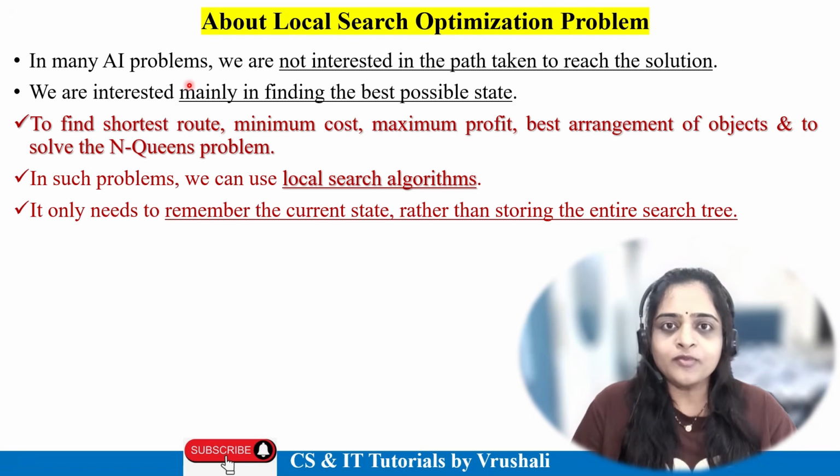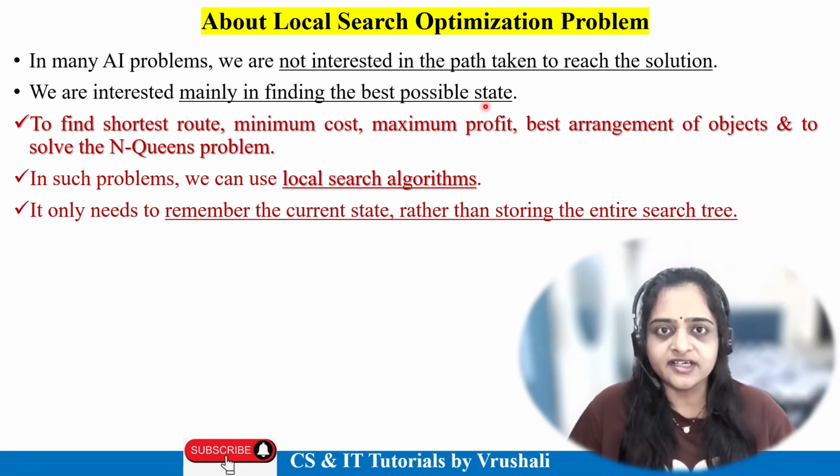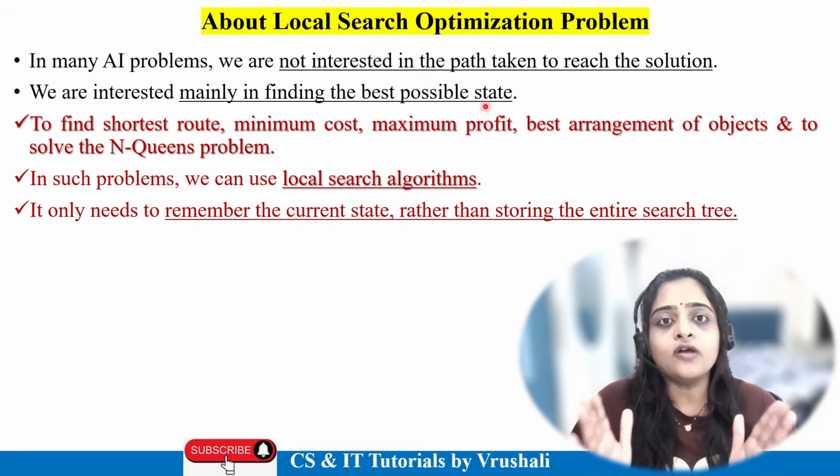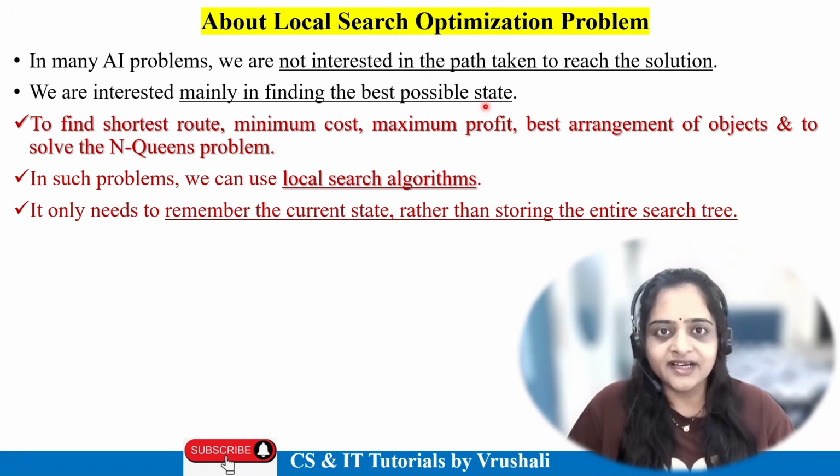In many AI problems, we are not interested in finding all paths from initial state to goal state. We are interested only in the best path or best shortest path, right?